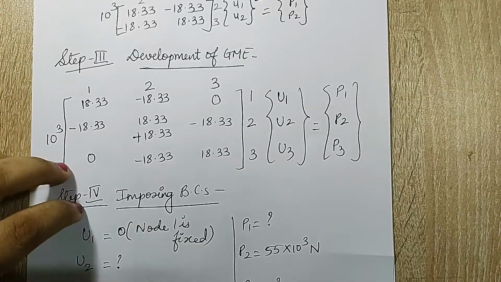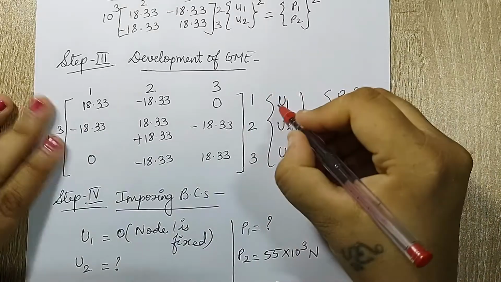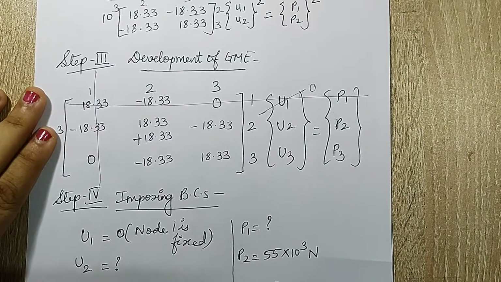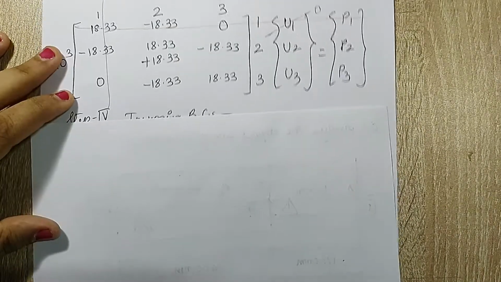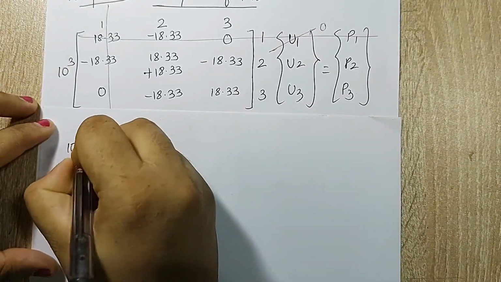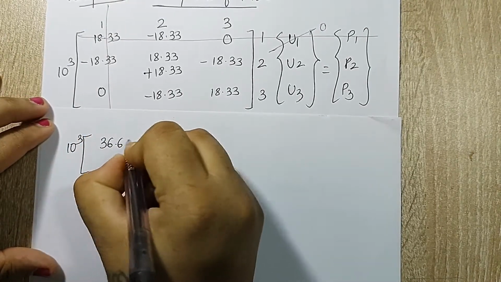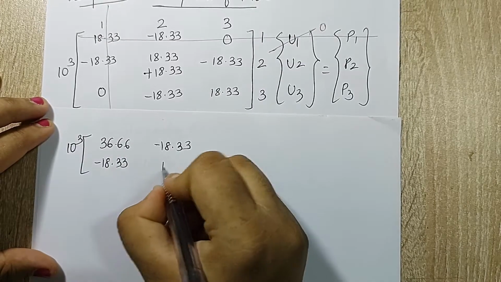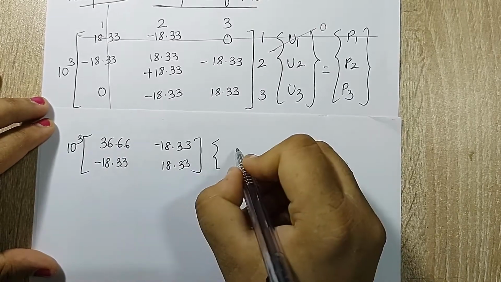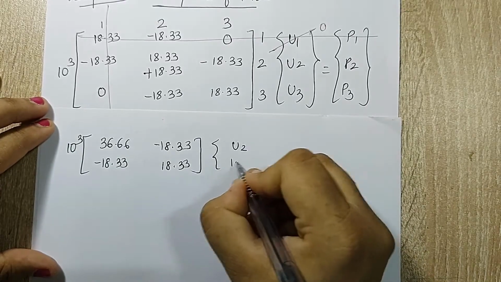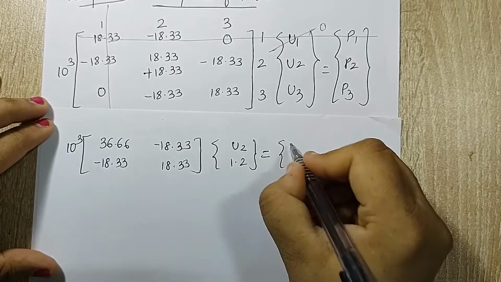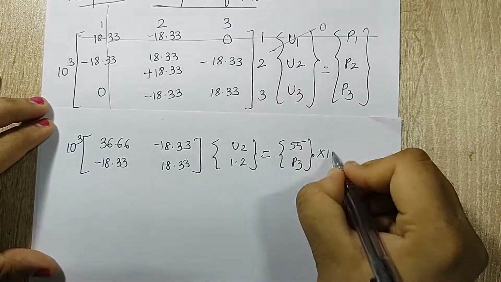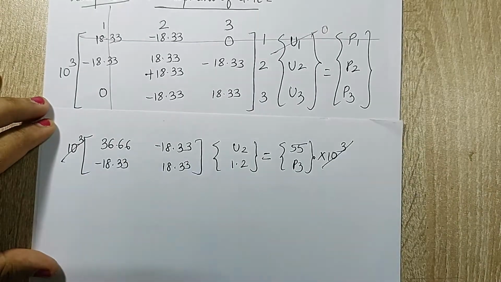Now U1 is 0. So from here I can just mark U1 being 0. First row and first column I'll neglect for some time. I'll write the rest of the equations and solve like the previous numericals. I'll take 10 raised to 3, 36.66 minus 18.33 minus 18.33 and 18.33. I have U2. U3 is 1.2 is equal to 55 and this P3 is something I don't know. I'll take 10 raised to 3 common. 10 raised to 3 gets cancelled from both the sides.